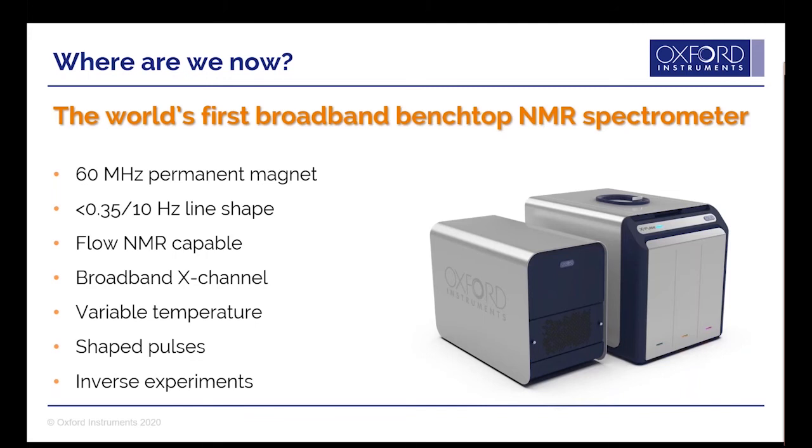We can improve the line shape significantly. I will talk about that in a couple of slides. We make the system flow NMR capable, so that will allow us to collect the data that Ryan will show you. And we can add this broadband X channel, so you can analyze a whole range of different nuclei. We've also added some of the functionality that you might see on a high field system, such as variable temperature and being able to understand reactions not just at a single temperature, but over a range of temperatures.